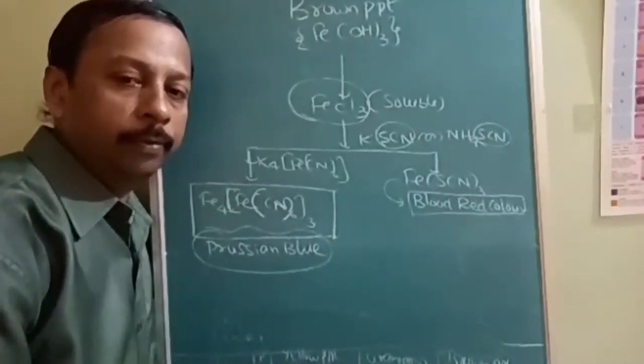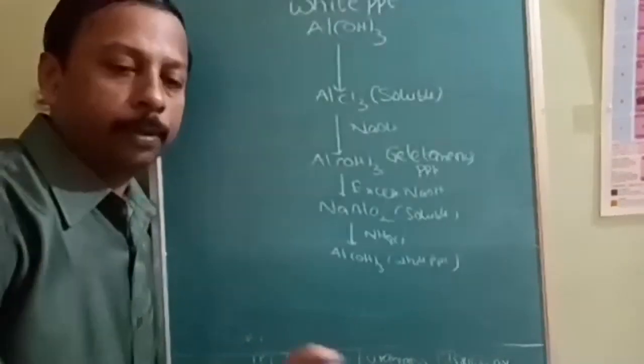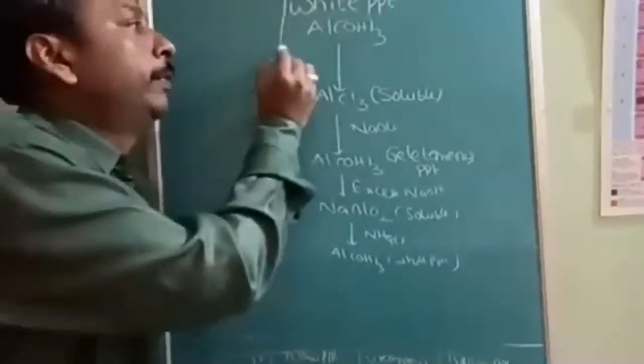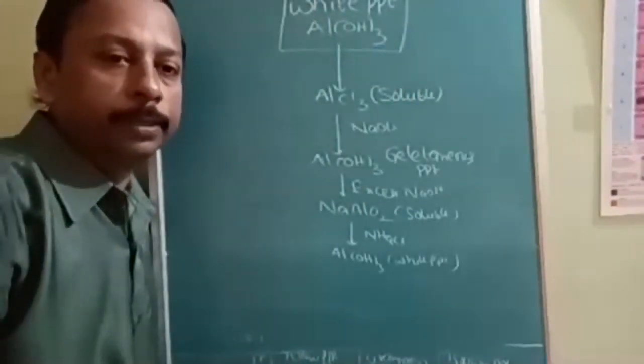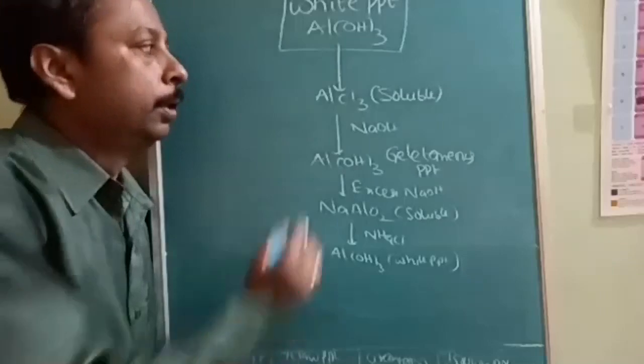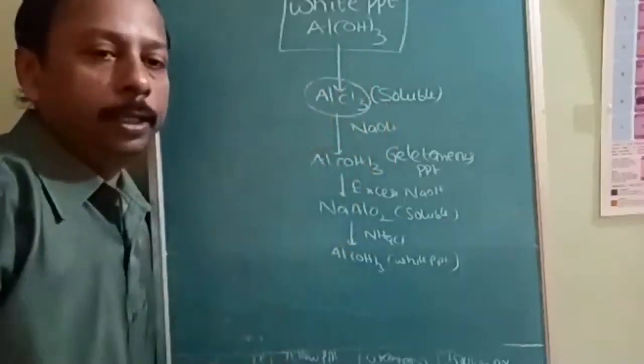Now we will go for the algorithm of which element? Aluminium. Now the algorithm is for when we get a white precipitate. What is suspected? Aluminium +3 may be suspected. First of all, it is converted into soluble AlCl3.